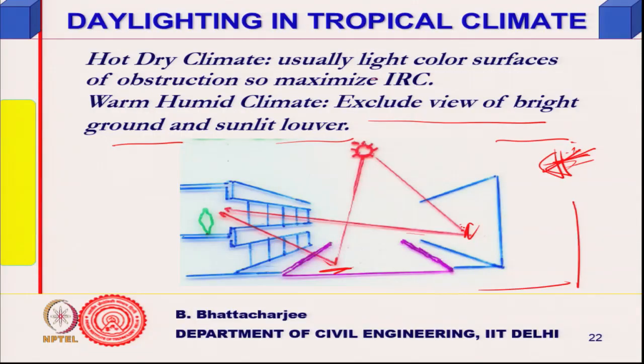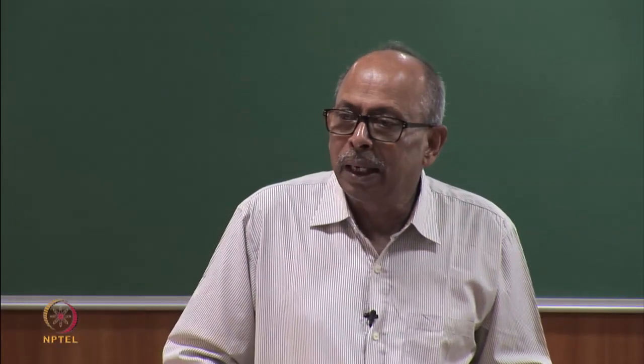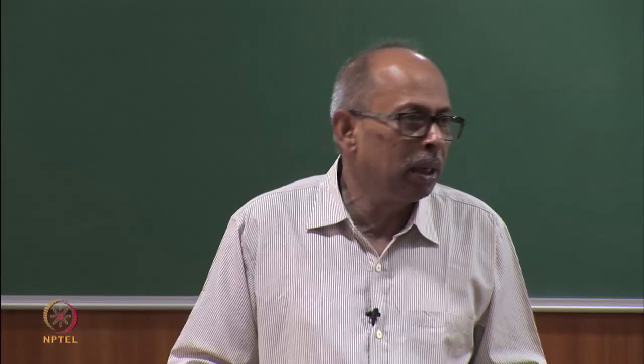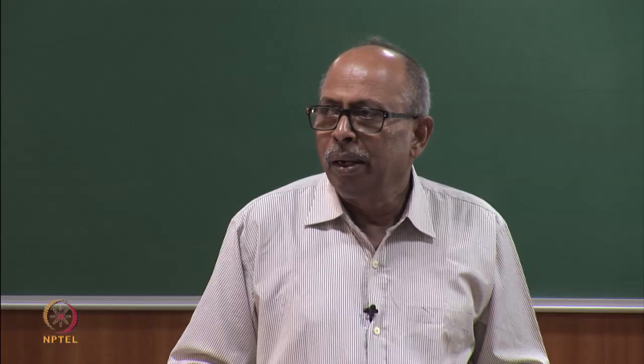So, usually with light color surfaces you try to maximize the IRC, and exclude the view of bright ground and sunlit louvers, because that can result in glare. So, maximize the IRC as far as possible. That would be the typical idea for tropical climate.